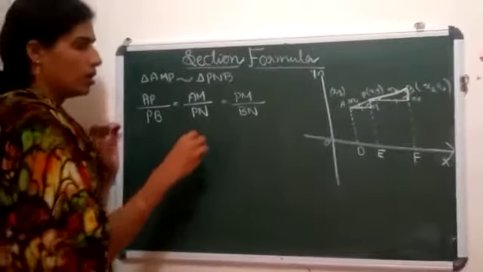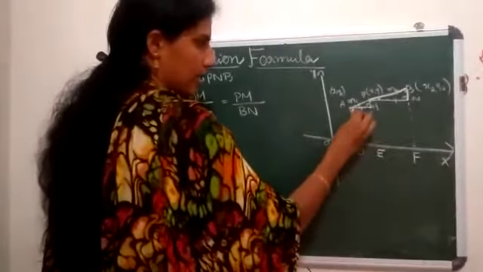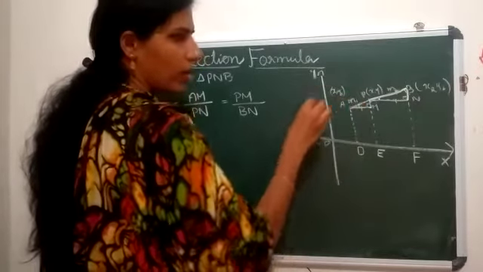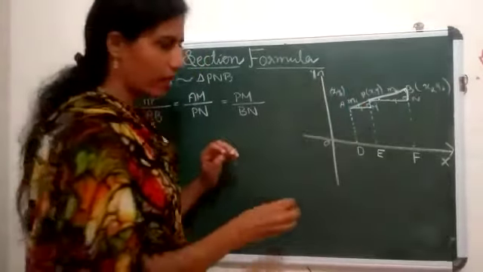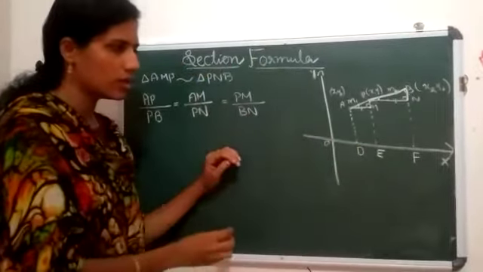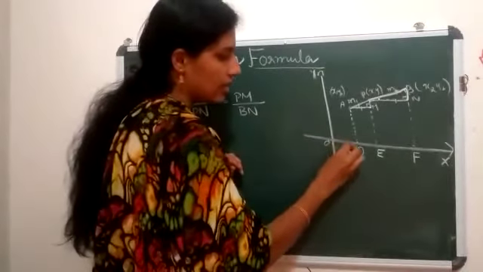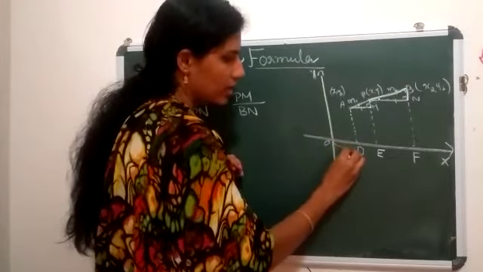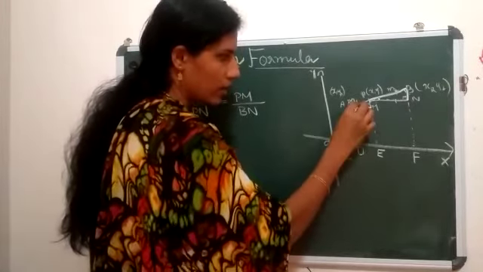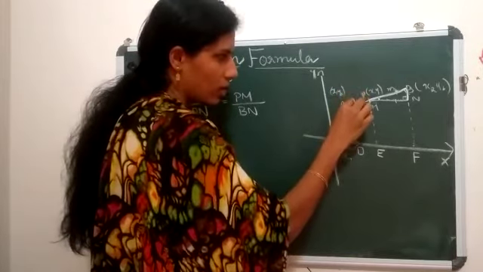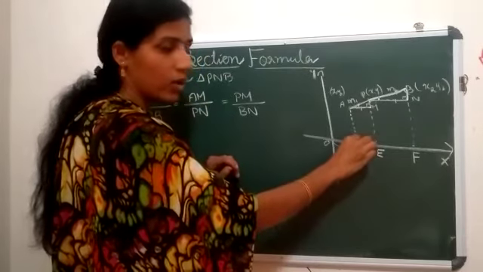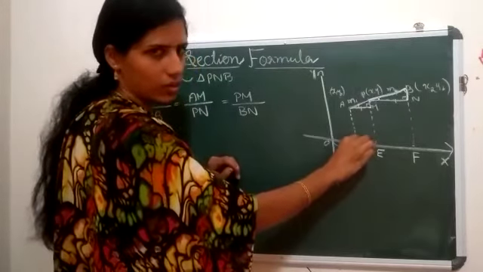Now listen here. This is the point A, with coordinates x1 and y1. So from O to D, origin to D, the distance is x1, because this is x1, y1, so it meets the point at D. The coordinate of D is (x1, 0).